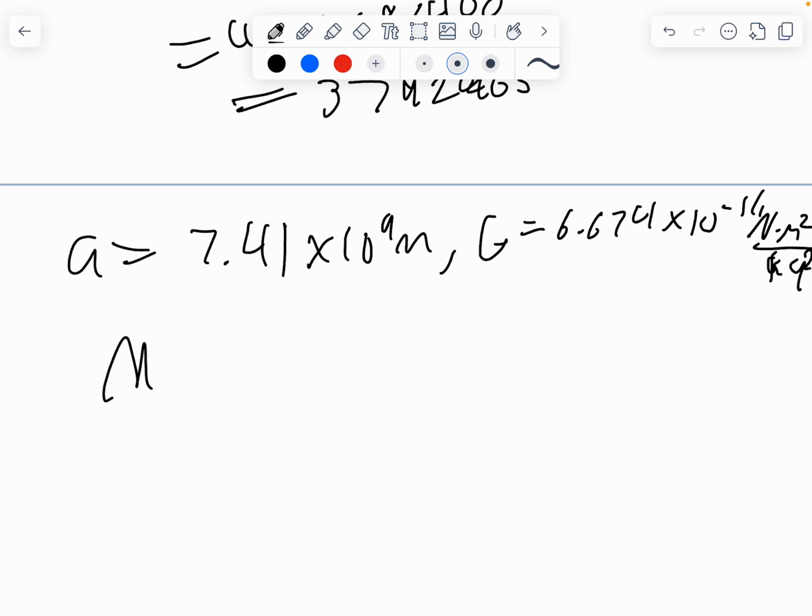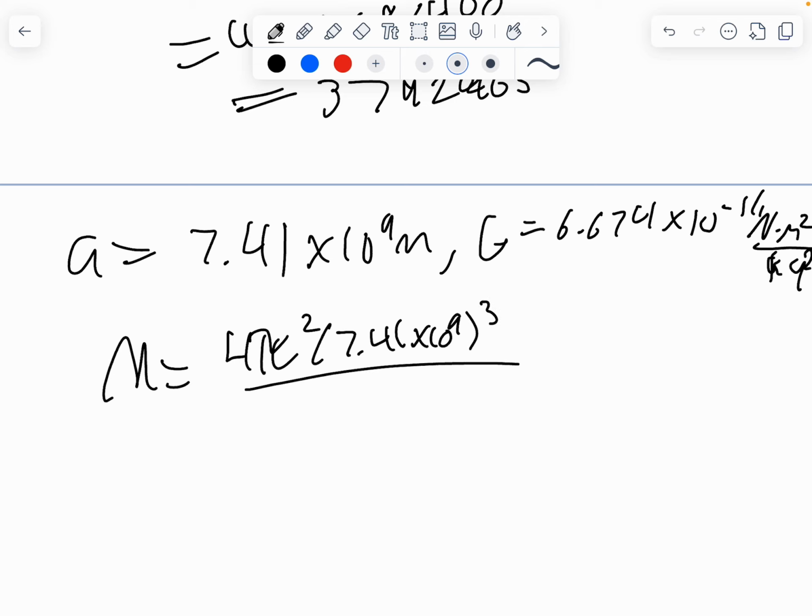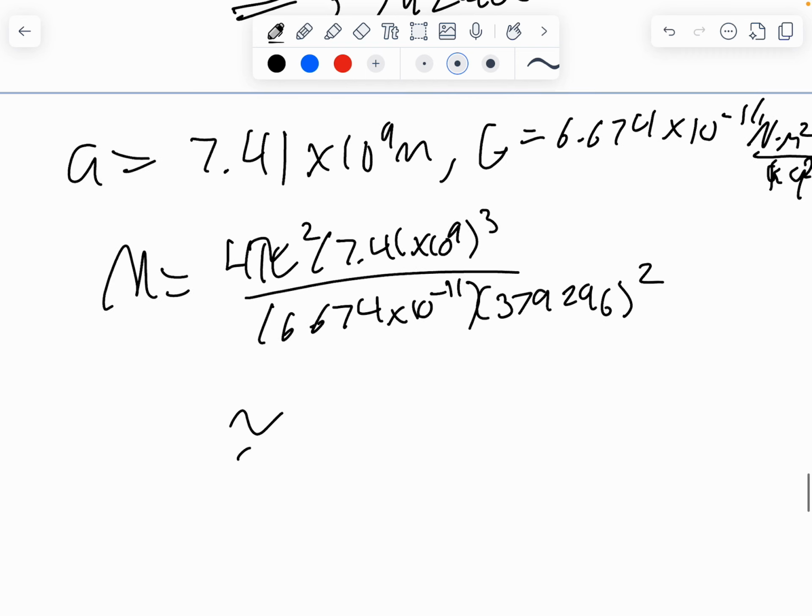And we're just going to plug all this in. So that'd be M equals 4 pi squared times 7.41 times 10 to the 9th power cubed, over 6.674 times 10 to the negative 11th power times 379,296 squared, which would leave you with about 1.67 times 10 to the 30 kg.